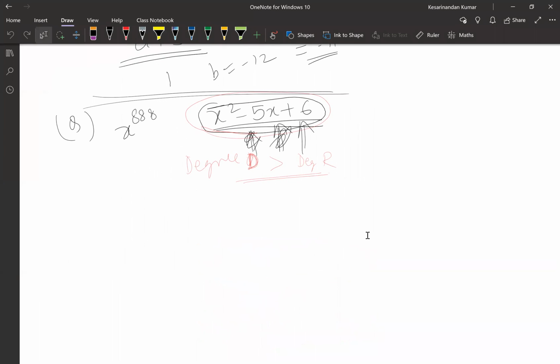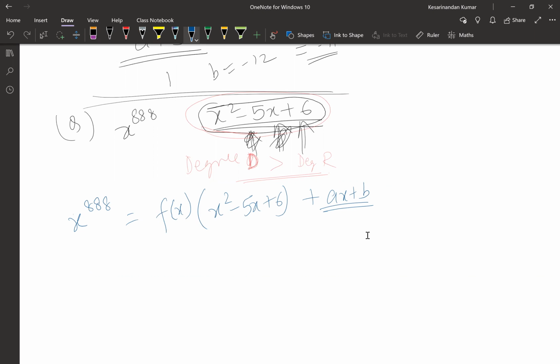Let me assume that x raised to 888 is equal to f of x, that is my quotient, into x square minus 5x plus 6, that is my divisor, plus ax plus b, that is my remainder.